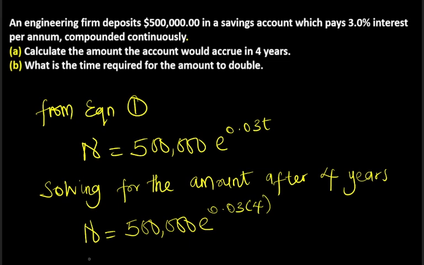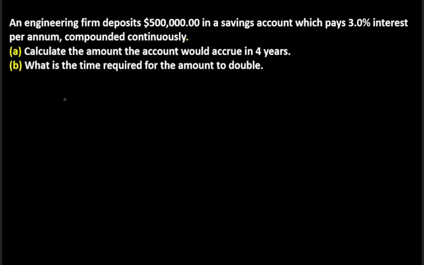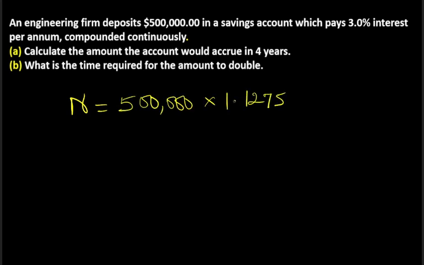From here, 0.03 times 4 is the same thing as 0.12. Moving forward, we are going to have that our N will be equal to 500,000 times 1.1275. That is the exponent of 0.12.